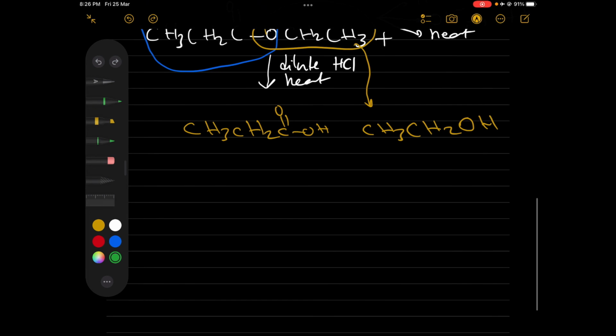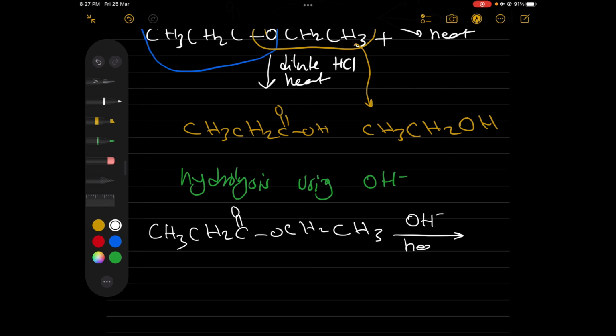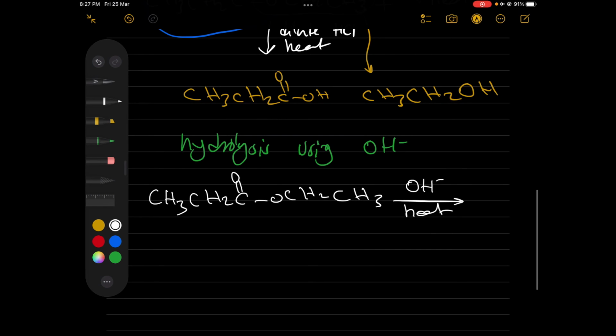So we have another thing. If we just make hydrolysis using OH negative, how can I deal with such equation? First of all, I just want to take the example that we talked about above: CH3, CH2, C double bond, O, CH2, CH3. And if I add OH negative in presence of heat, what will be the product in here?